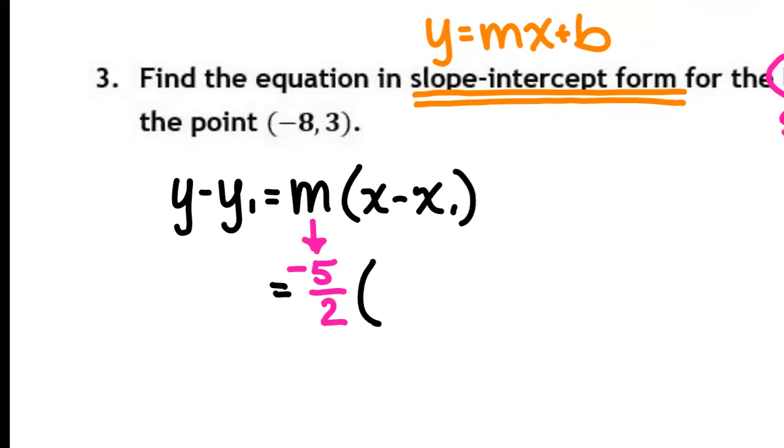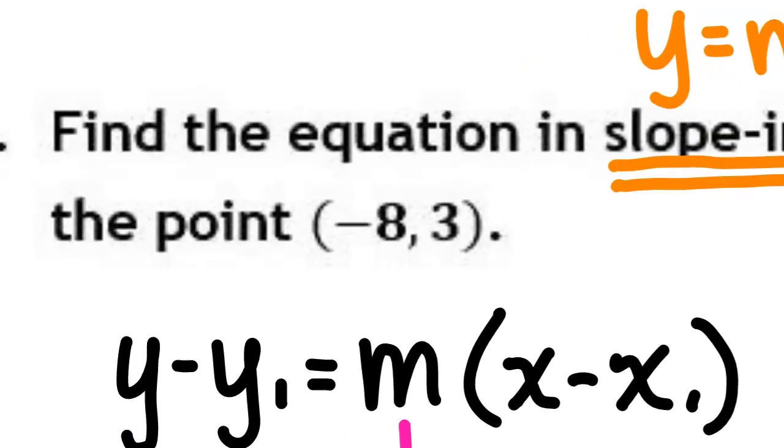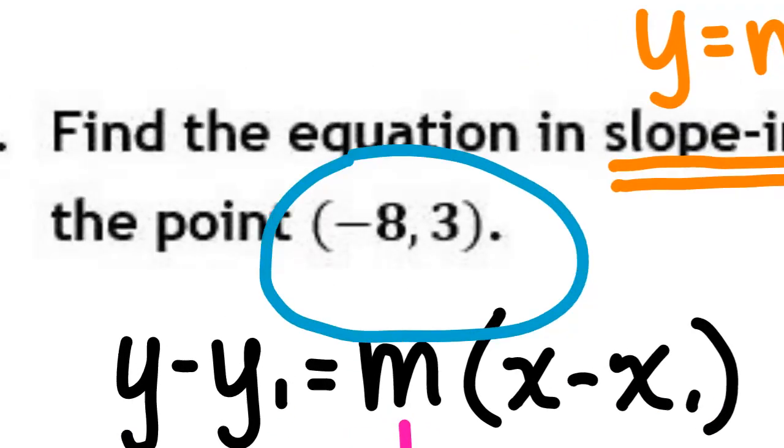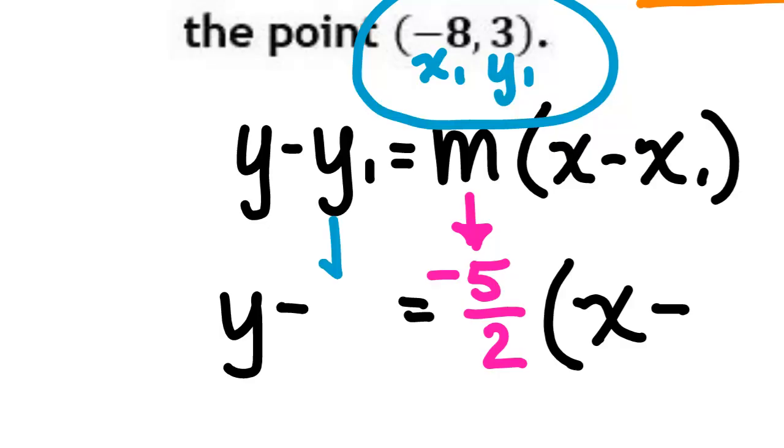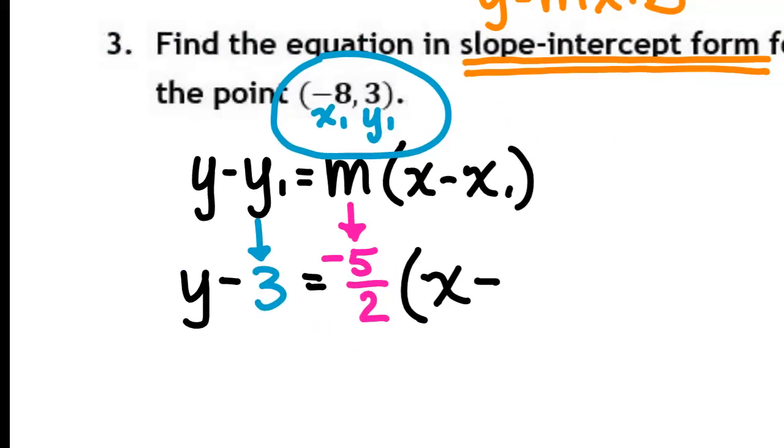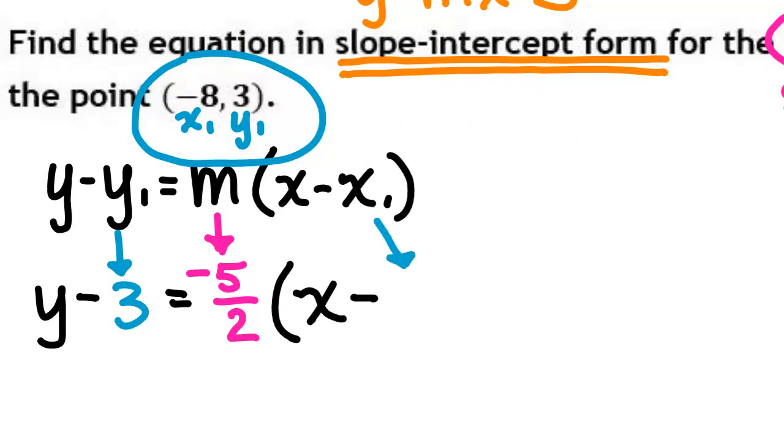The things that are in here as just x and just y, those stay x and y. So this stays x minus, this stays y minus. In the place of the x1, y1, that's where we put our point. Negative 8 would be my x1, and 3 would be my y1. So 3 goes in the place of y1. In the place of x1, we're going to put negative 8.